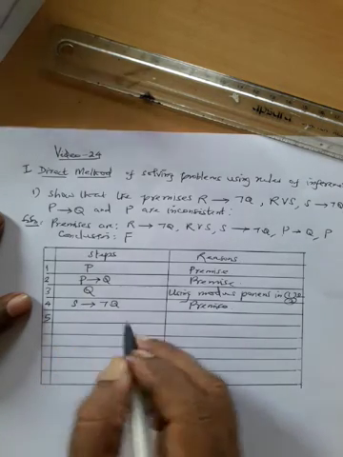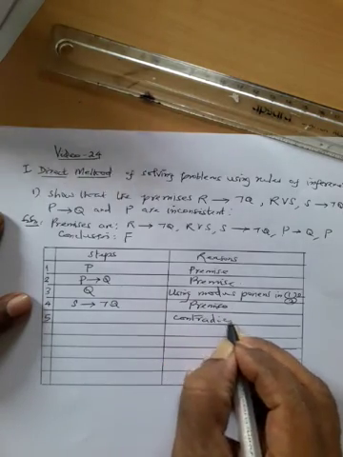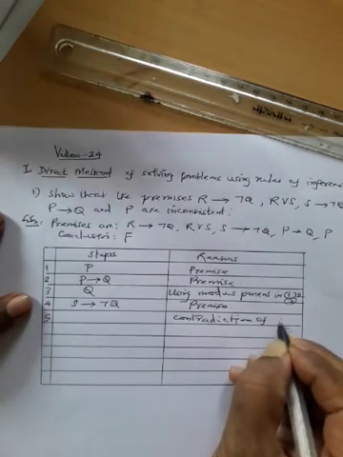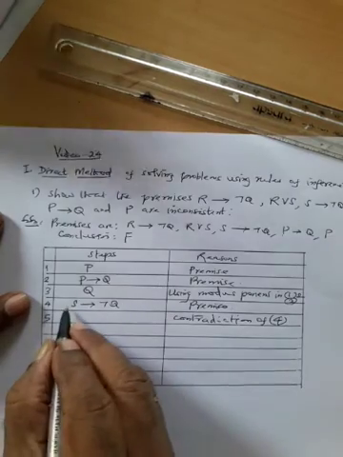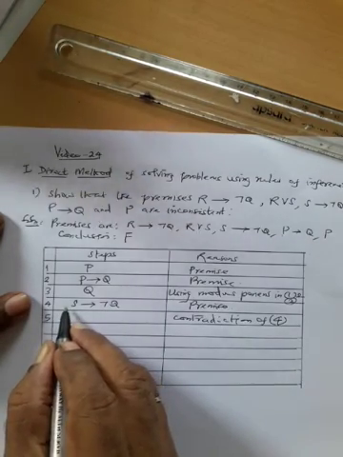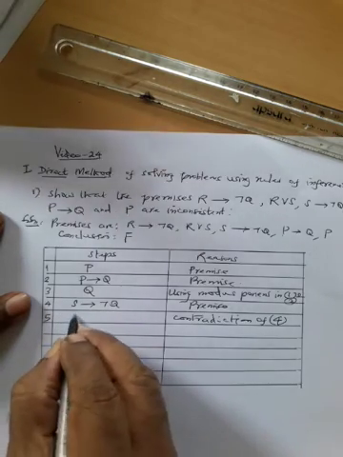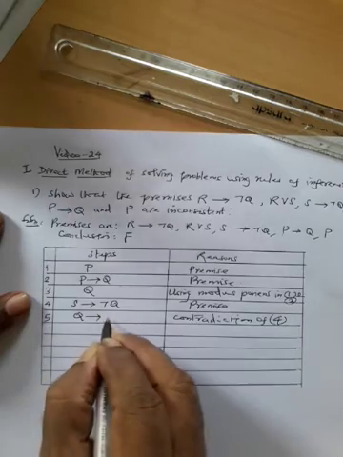Write the contrapositive of 4. What is the contrapositive of 4? Take negation on both sides and reverse it. If you take negation, you will get negation S, negation negation Q is Q. Reverse it: Q conditional negation S.